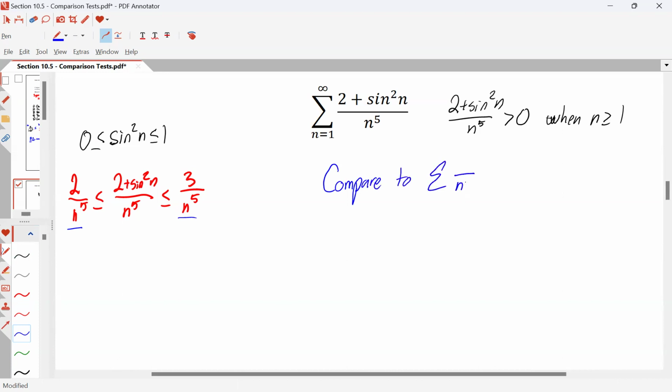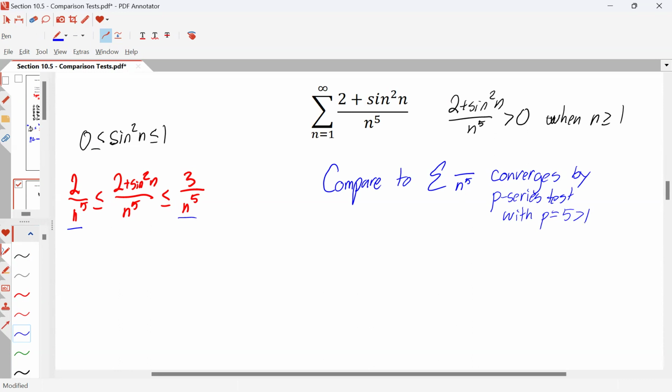It is either 2 over n to the fifth or 3 over n to the fifth. And this is going to be a p-series with p equal to 5. So this is going to converge whether this numerator is 2 or 3. P equal to 5, which is greater than 1.